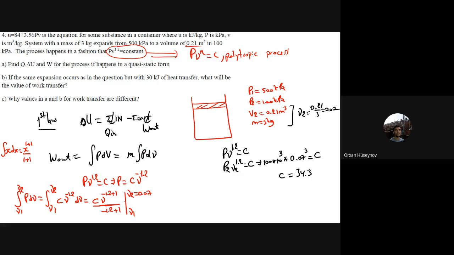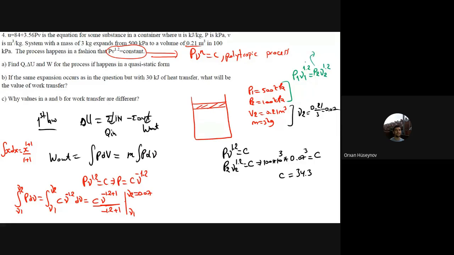Okay, so we can find the nu1 value. Let me show you how you can find the nu1 value here. I know that P1 nu1 to the power of 1.2 is the same as P2 nu2 to the power of 1.2.